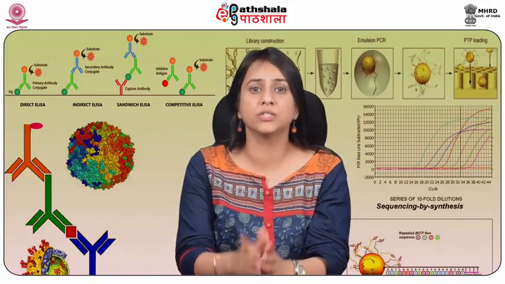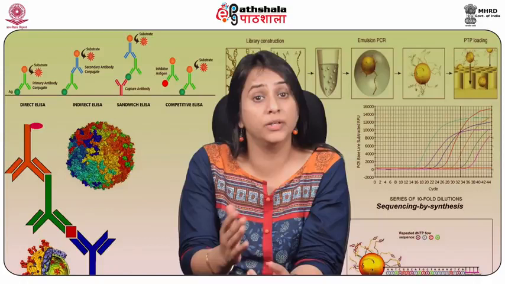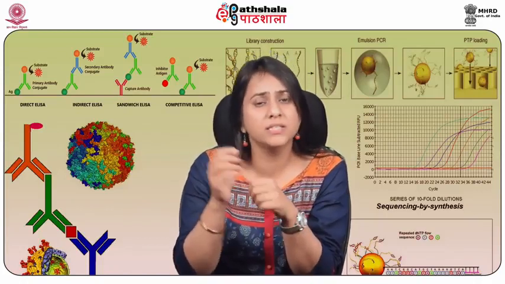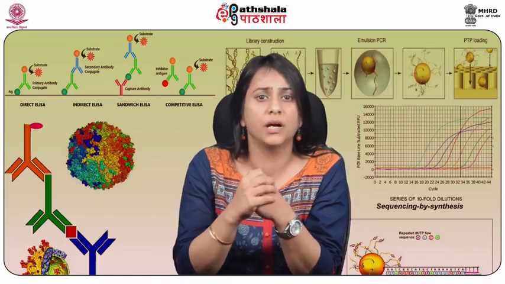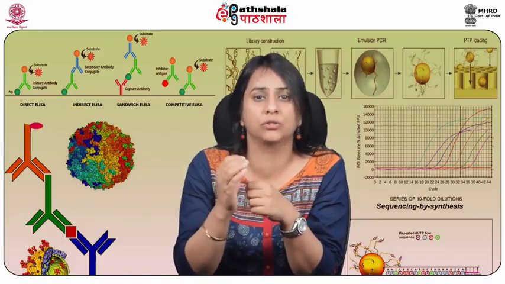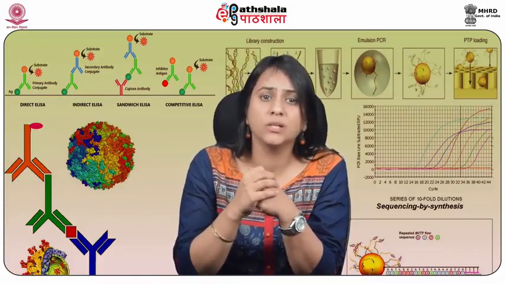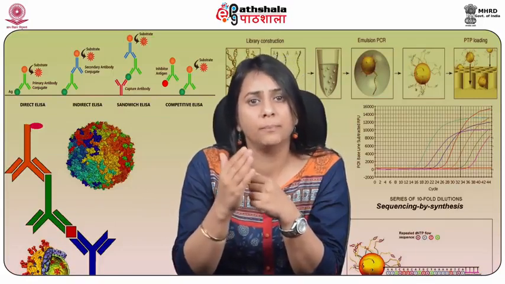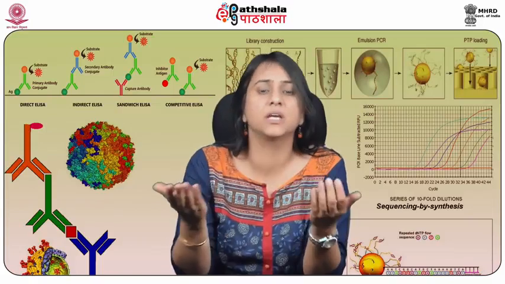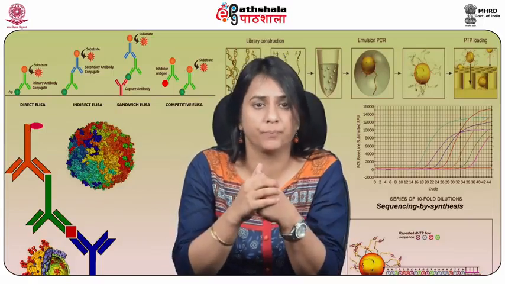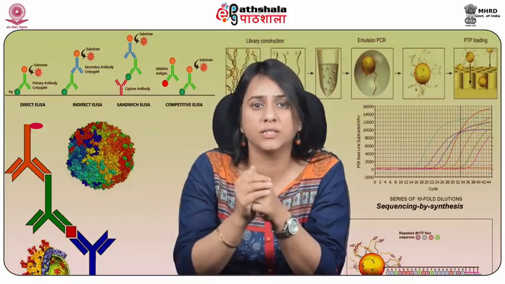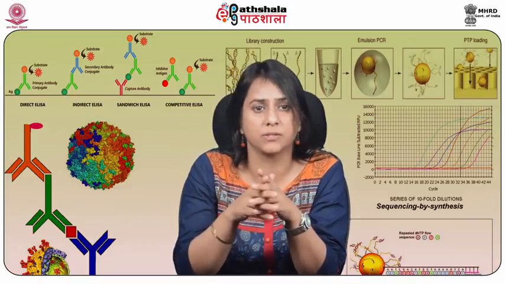Now let's discuss real-time PCR. Real-time PCR is a very important technique as this variation of PCR allows quantification of the sample. So it is a quantitative PCR and can measure the amount of amplicon produced as the PCR reaction continues. Thus, both amplification and detection of the target sequence occur simultaneously.